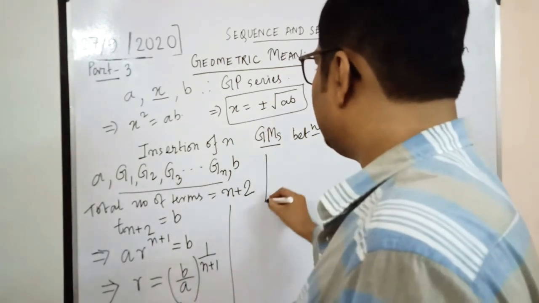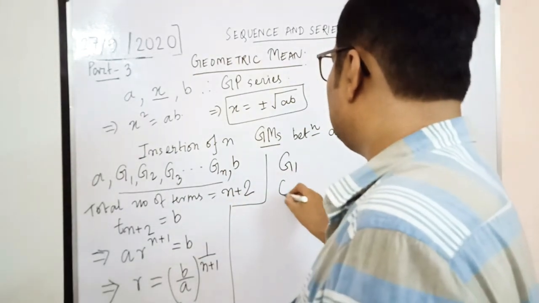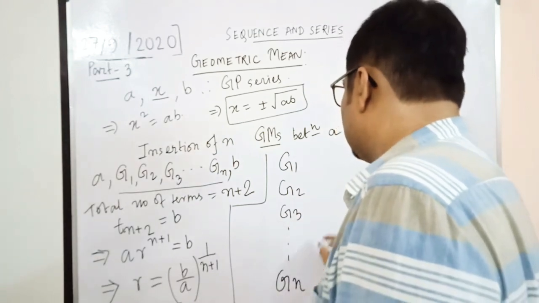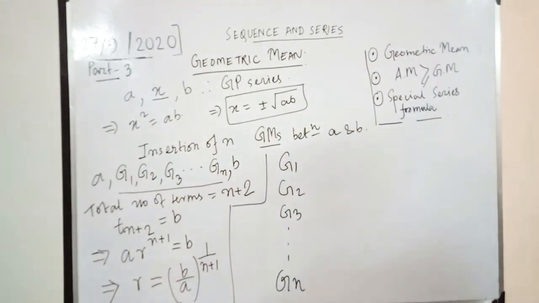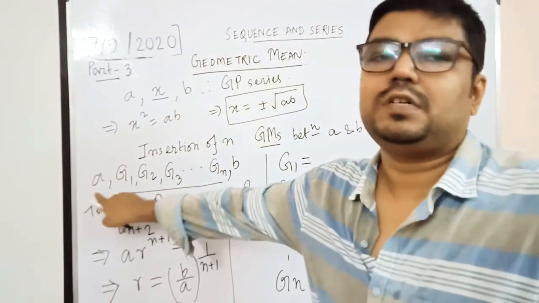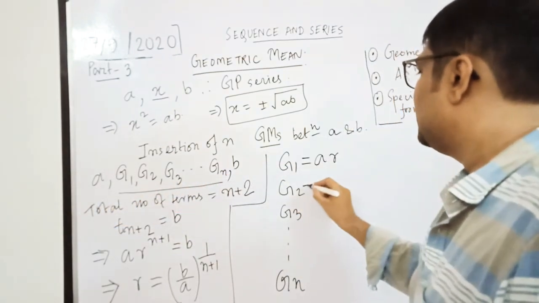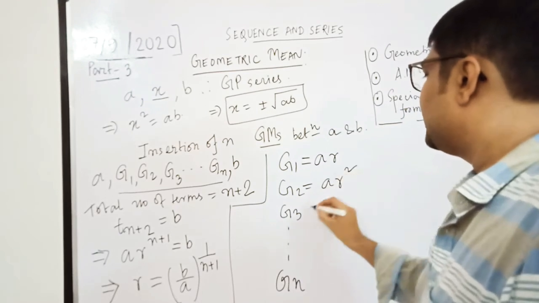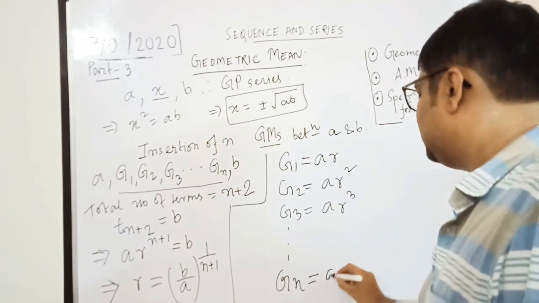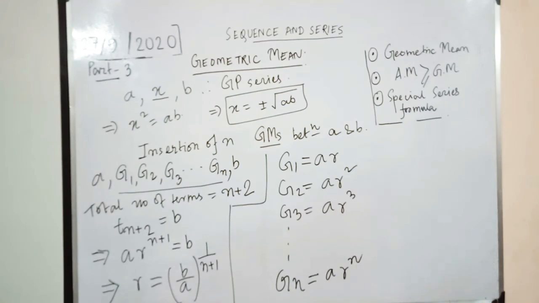So after we get r, we can easily find out g1, g2, g3, everything very easily. Okay, so what will be g1? If the first term is a, this term will be ar. So g1 is ar. g2 is ar square. g3 is ar cube. And gn is ar to the power n. Now you know the value of r.